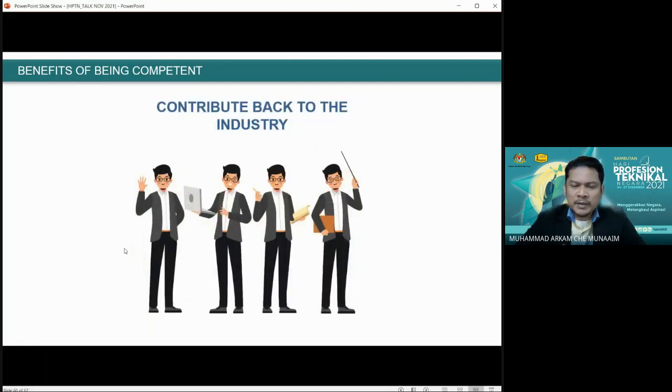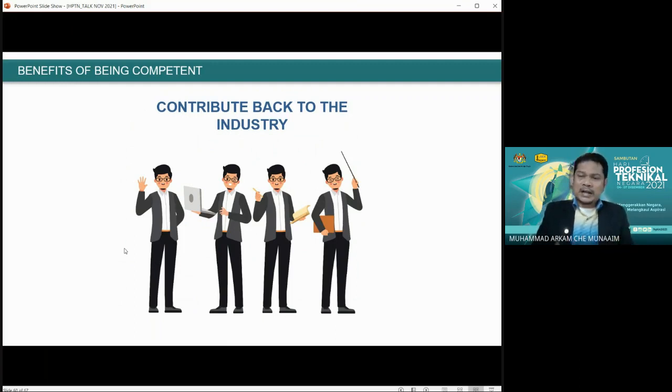Once you have all this, what else you want to do is go back to the community and the industry and ask them to go for this, because this is our contribution. As a construction personnel, I have been in the construction line for about 21 years, so I know that now it is time for me to go back to the industry and tell people who come with an educational background that they can become IR, they can become TS, and so forth.